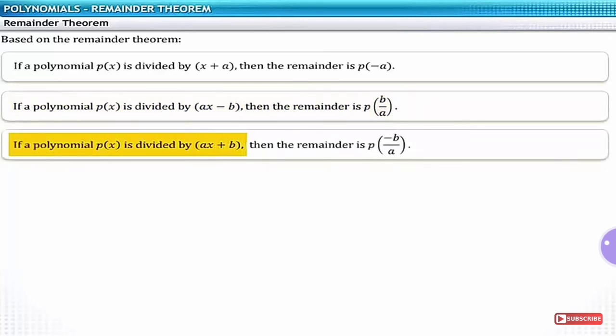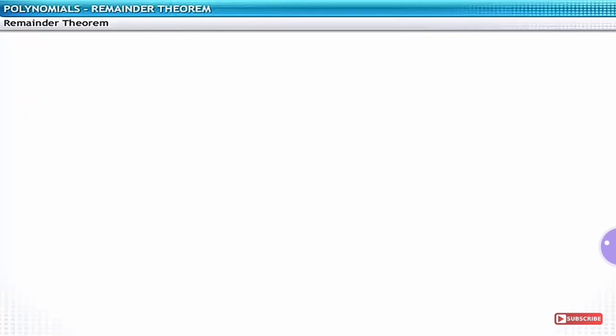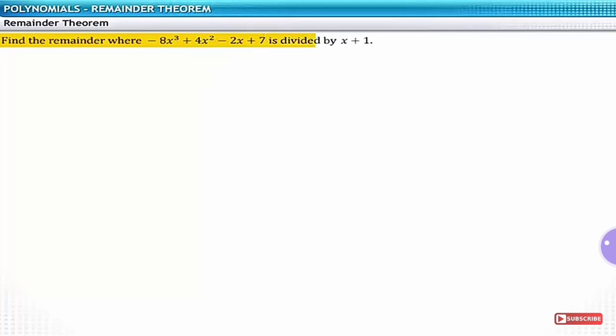Let's apply these guidelines to solve some problems. In the first problem, you need to find the remainder when a polynomial minus 8x cubed plus 4x squared minus 2x plus 7 is divided by another polynomial x plus 1. Here, the divisor is x plus 1.